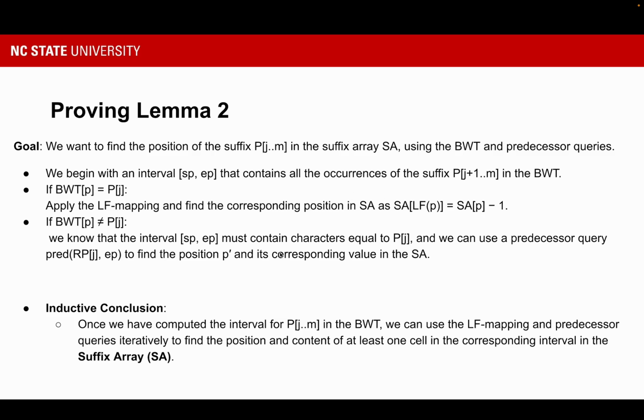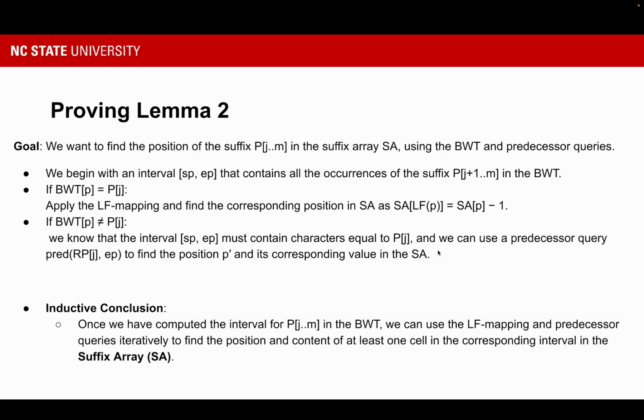However, if we don't come across BWT of p being equal to P of j, one thing to note here is that P occurs in T, so there is still a valid interval sp to ep, which should have this P of j.